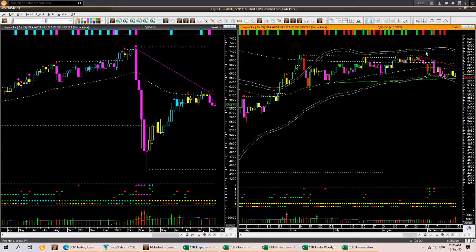That means somewhere here. That would be the ideal point anyway, because that time it was at the upper edge of the range. That is the ideal point to start looking for shorting opportunities.